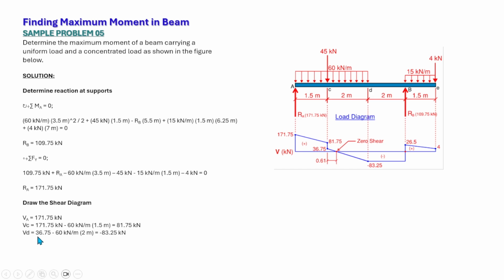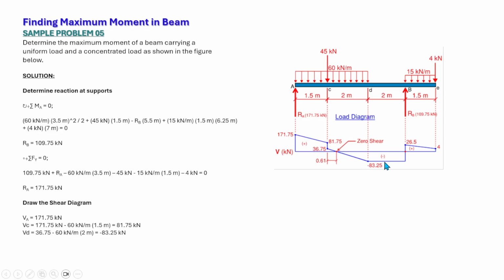So we have the calculation: 36.75 minus 60 times 2 is equal to negative 83.25 kilonewtons. Again, this is the uniform load, so we have a first degree, linear shear diagram at this point.